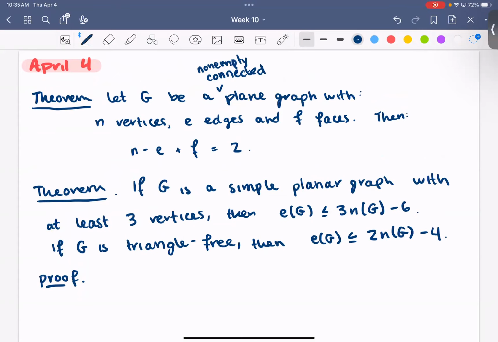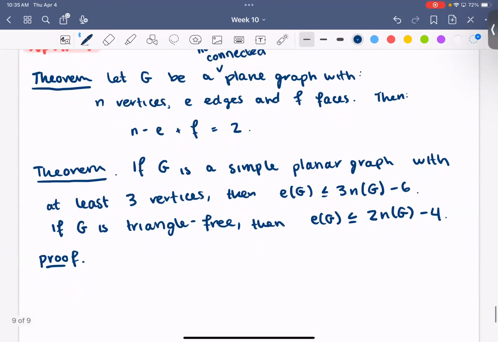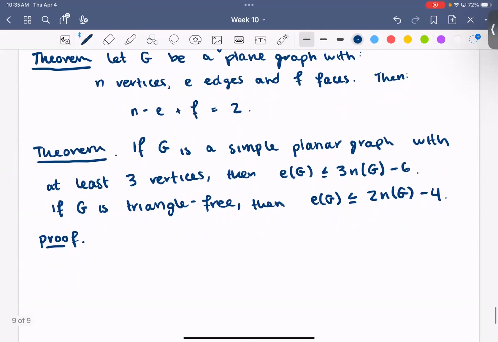So in order to apply Euler's formula, we first need to reduce to the case where we're looking at connected graphs. So the first observation is that it suffices to consider connected graphs.